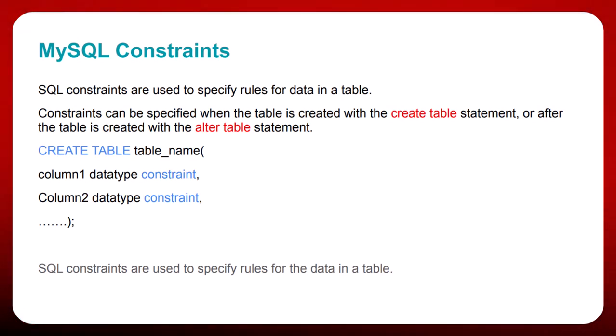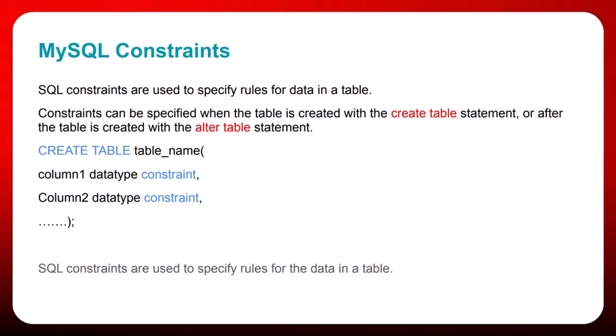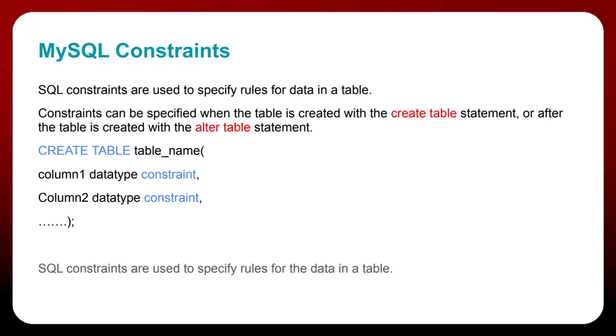So, constraints can be specified when the table is created with the create table statement, or after the table is created with the alter table statement. Okay, now it's going to be create a table with the table name, the features, the data type, the constraint, etc. So when you create a table, you specify a certain constraint for each feature, just like I told you.